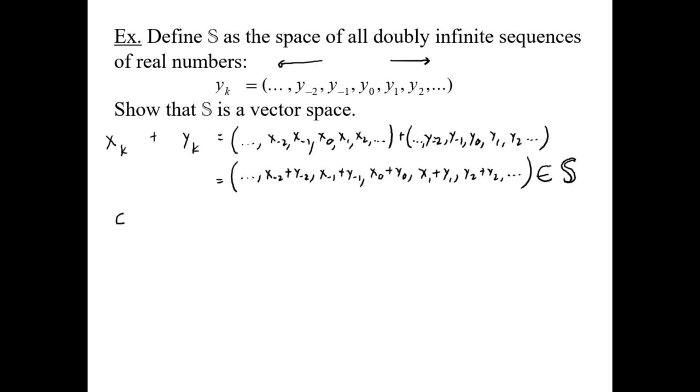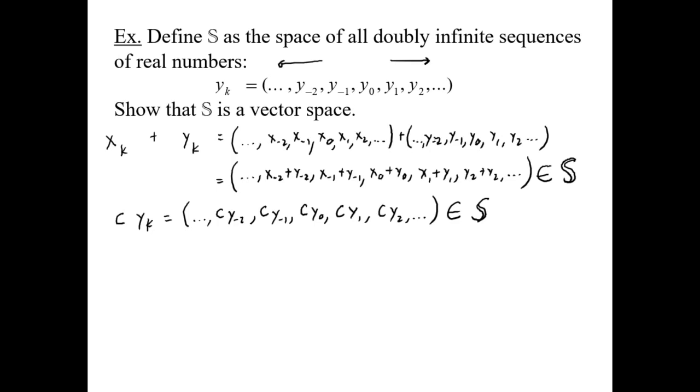Likewise, if I did a constant times y_k, I could define that as just cy_-2, cy_-1, cy_0, cy_1, cy_2. And this is also an element of this set. That's a better boldface S.